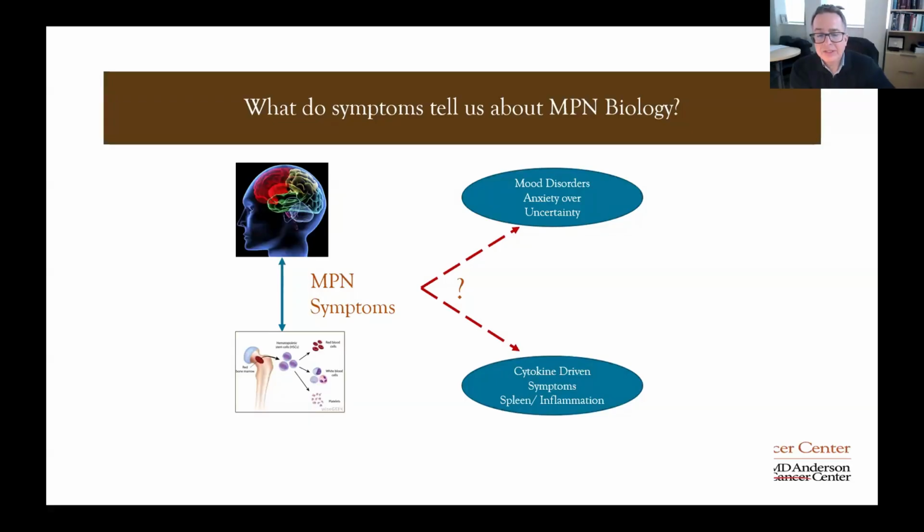And these cytokines can be, and I'll show you, can be directly correlated to even specific symptoms like fevers and night sweats or itching. And they can contribute to a very interesting phenomenon, which is they can cross the blood-brain barrier. They can affect brain functioning. So patients will often complain of brain fog or mental slowness or anxiety or depression.